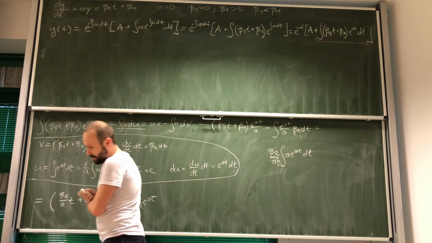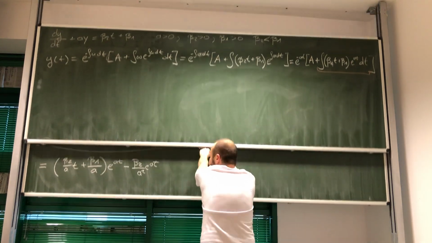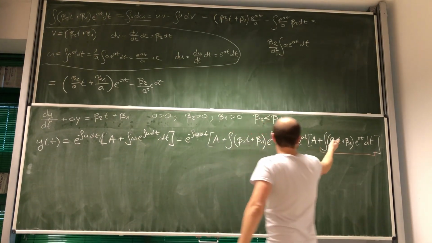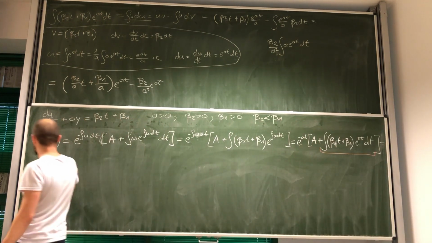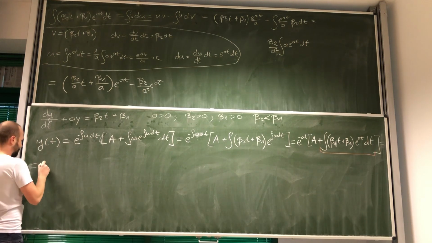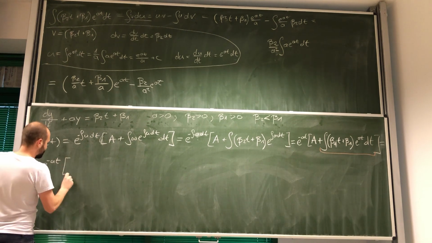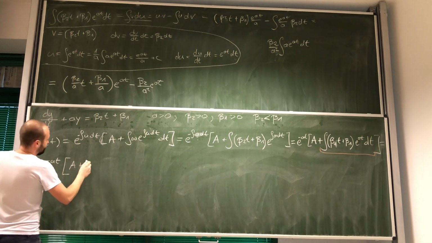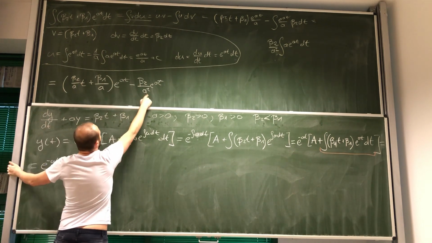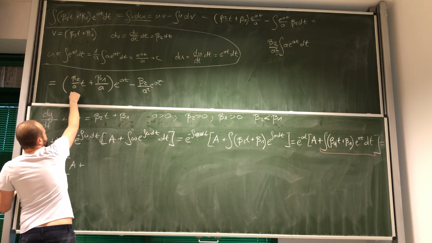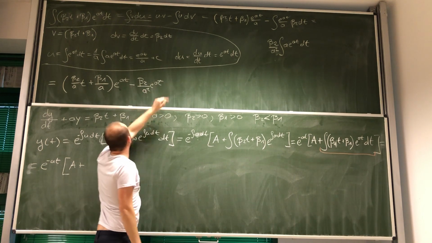Now that we've calculated this integral, we can substitute it over here. So what are we getting? This is e to the power negative at times a plus... Look, I can put all of those inside the parentheses here, right? Because they all have the common part e to the power at.